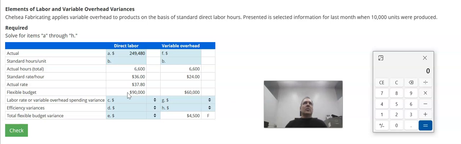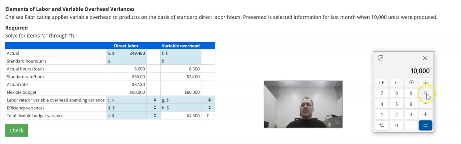We can figure out that if we have a standard rate of $36, and 10,000 units, and let's just assume for a moment that each unit took exactly 1 hour, and this is how I always solve these kinds of questions.